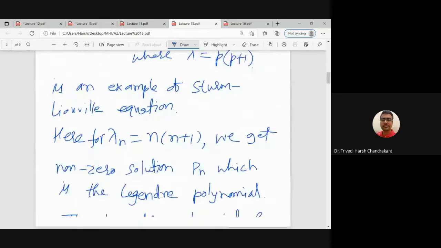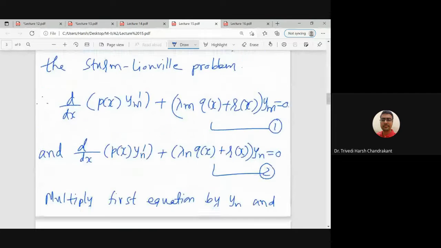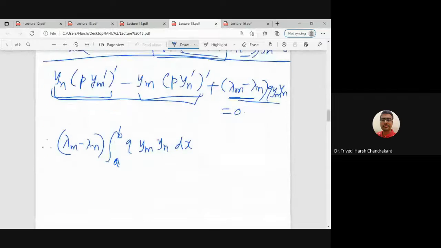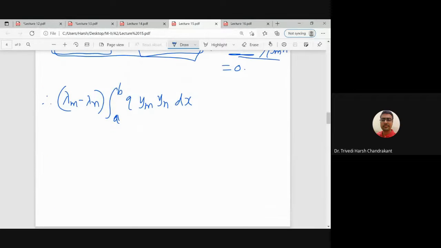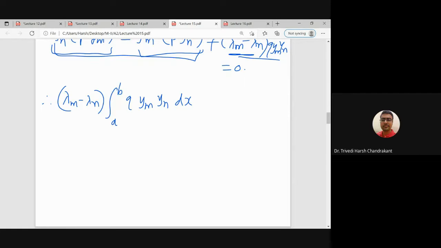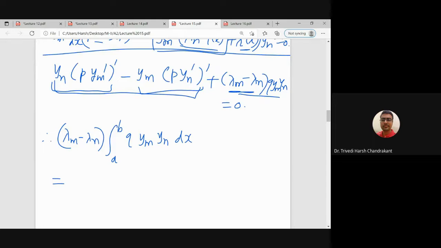So that is the reason we will integrate from a to b, right? That is the interval over which we are looking for the solution. And yeah, so this will be equals to, from this equation, this term, the other term will take on the other side, it will be negative.